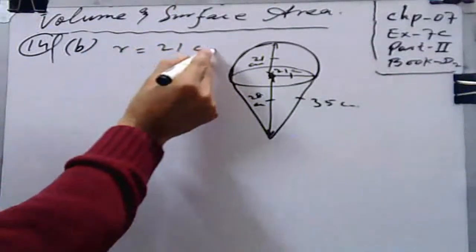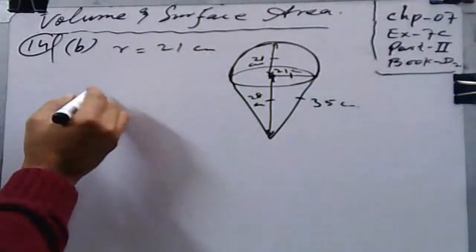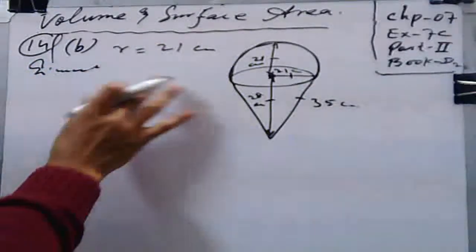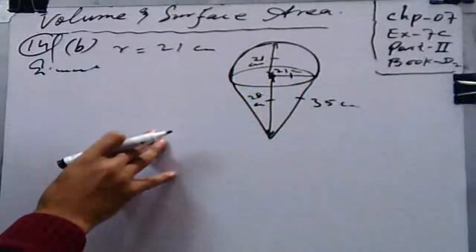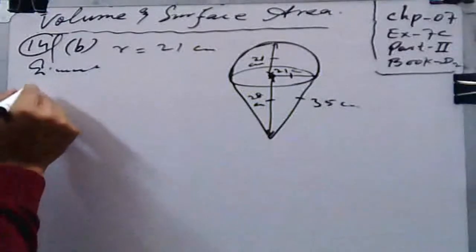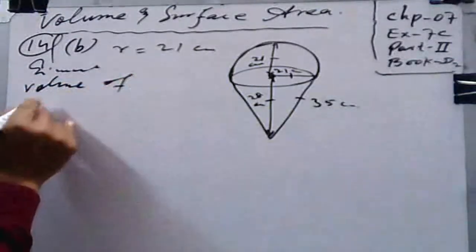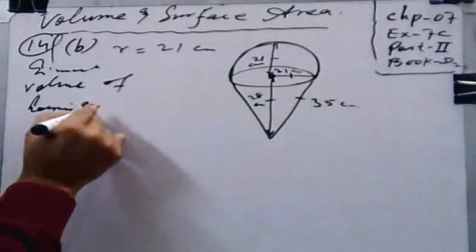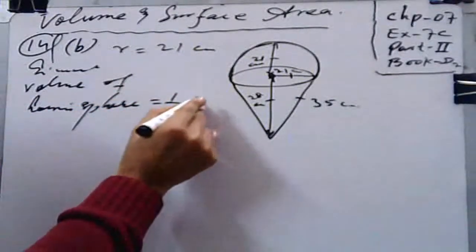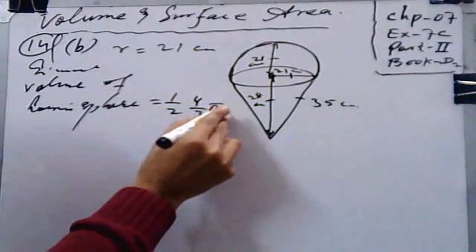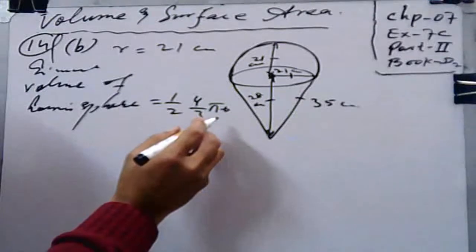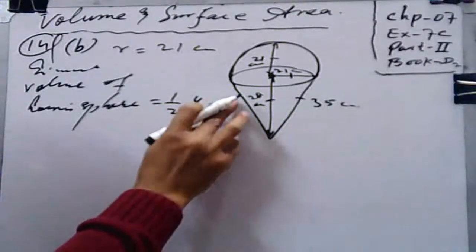That is volume of hemisphere, that is equal to half of 4 by 3 pi r cube.